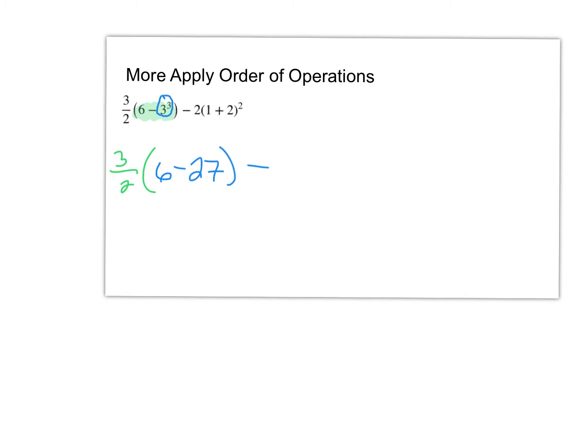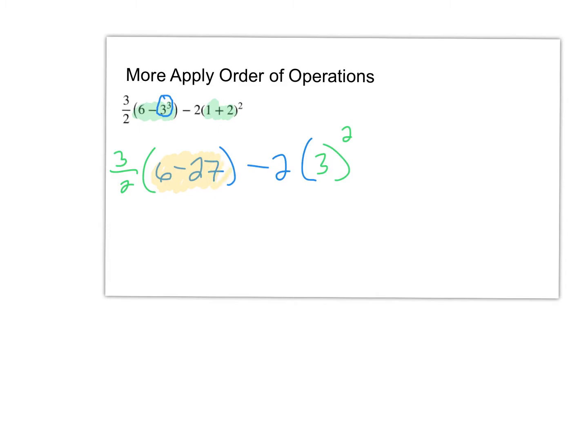And then while I'm at it, I also can look at this right here too. It's also in the same level of parenthesis. Okay, so 2 parenthesis, and 1 plus 2 is going to be 3. Now, looking at the next part of this problem, have we done all the work in this parenthesis right here?